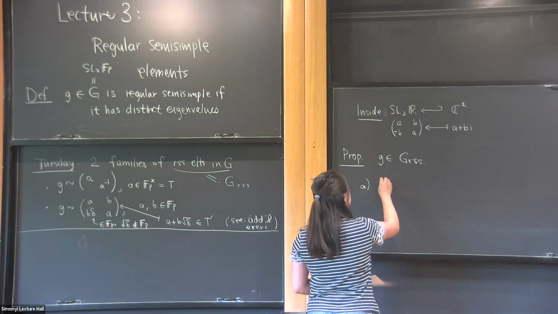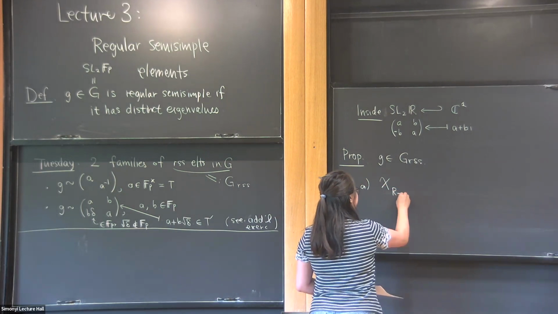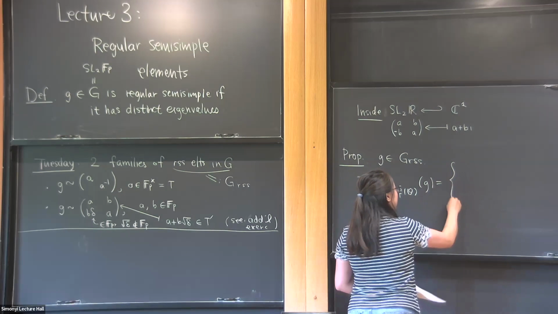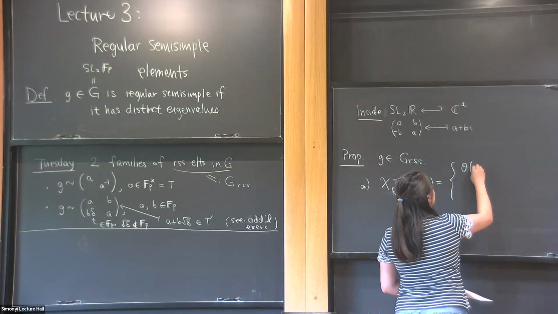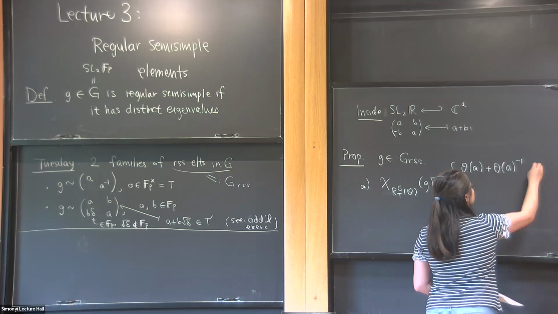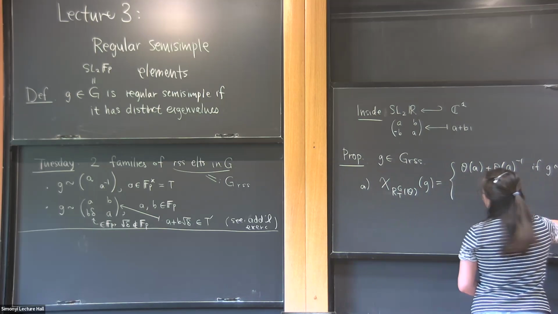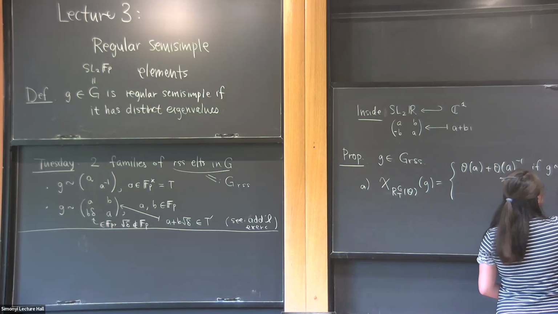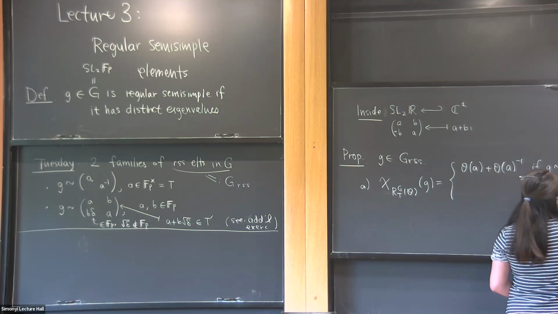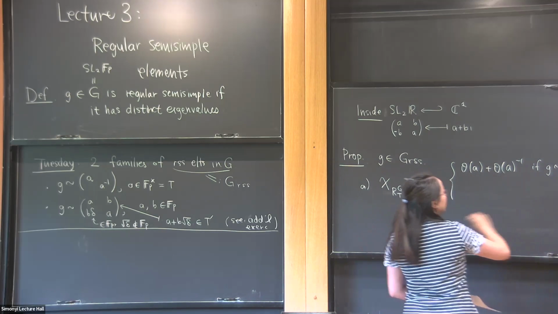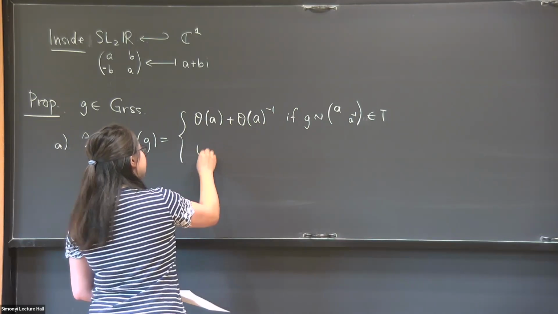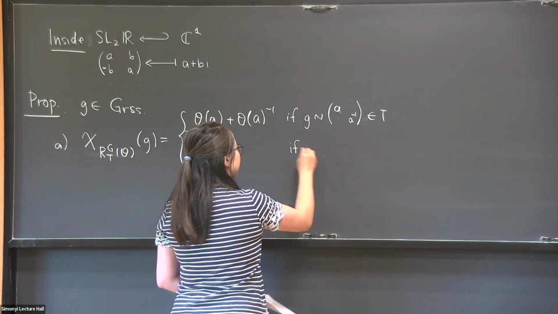The statement: the character of R_T(theta) evaluated at this g is equal to theta(a) plus theta(a^-1) if g is conjugate to diag(a, a^-1), something living inside T, and it's 0 in the other case.